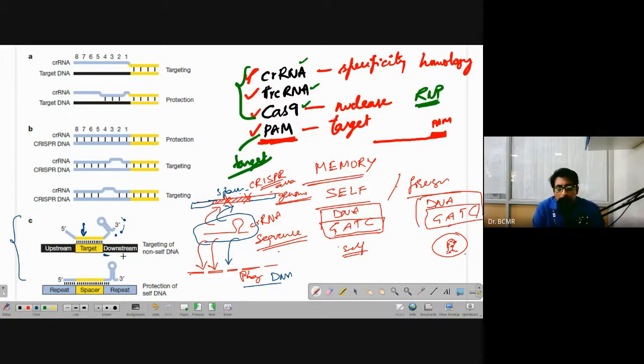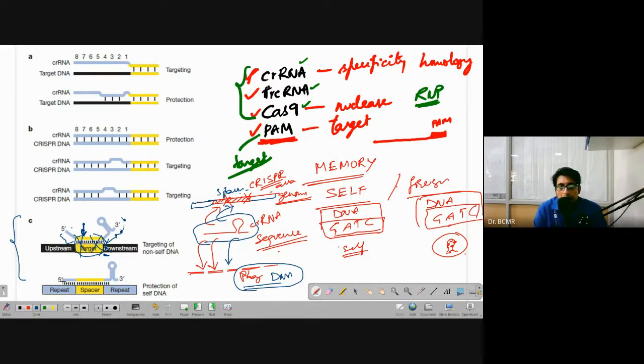If it is the target phage DNA, it would have complementarity to the spacer region alone. It will not have complementarity to the 5' end of the CRISPR RNA. It will not have complementarity with the hairpin loop region, right? Then the Cas9 would bind here and target it.